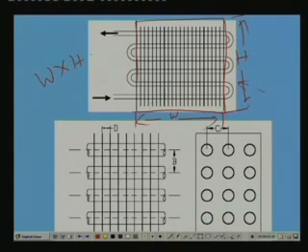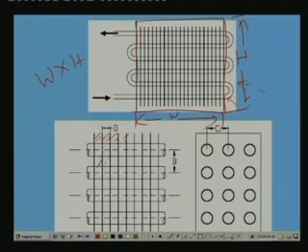Okay, but you will find from this figure that the actual area available for airflow is not equal to face area, because the actual area available if we look at this drawing is nothing but this. Okay, because face area consists of the area occupied by the fins as well as the area occupied by the tubes.